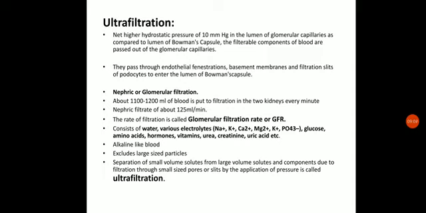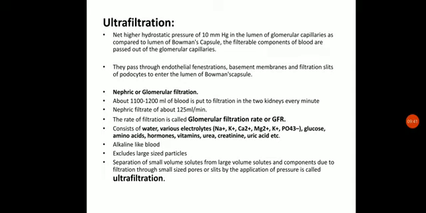Next, nephric or glomerular filtration. About 1100 to 1200 ml of blood is put to filtration in the kidney every minute. So every minute around one fifth of the total blood, since a human body has about 5 liters of blood, so around 1 to 1.2 liters of blood is put for filtration every minute in both the kidneys, and this is pumped by the heart.